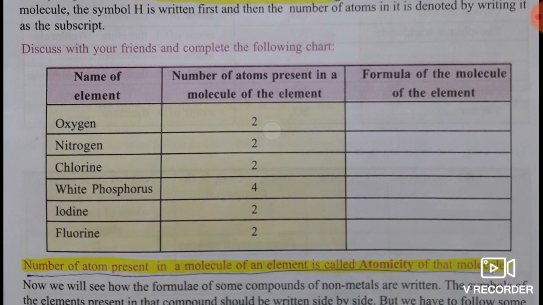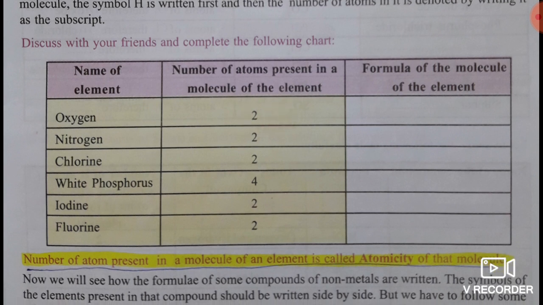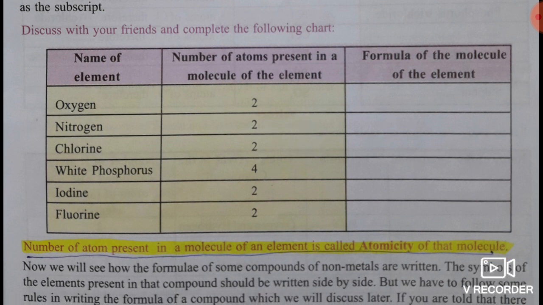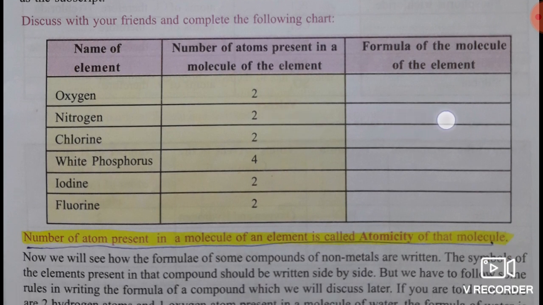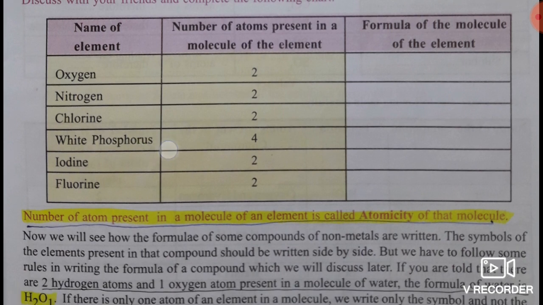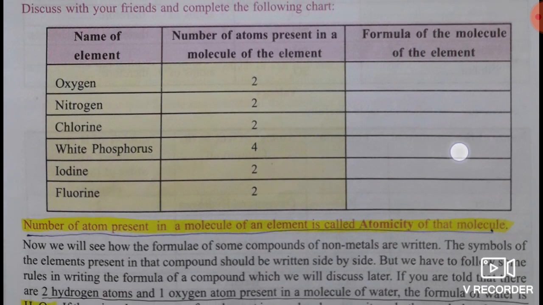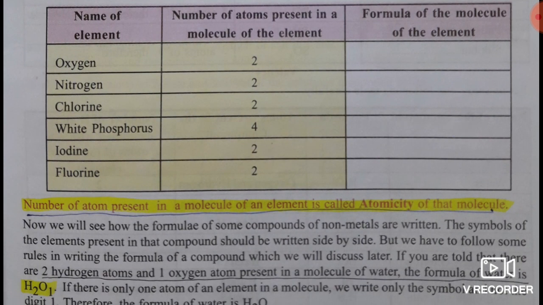Similarly for oxygen molecule, there will be two atoms in its molecule, so the formula will be O2. For nitrogen there will be two atoms, so the formula for its molecule is N2. Similarly for phosphorus, there are four atoms to complete its molecule, so the formula for phosphorus is P4.